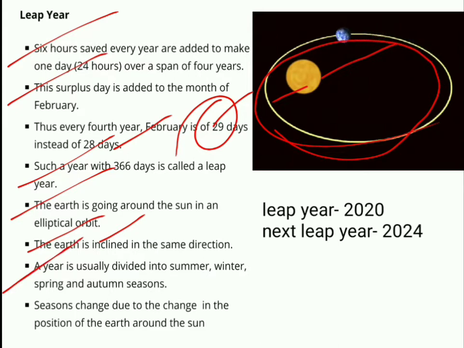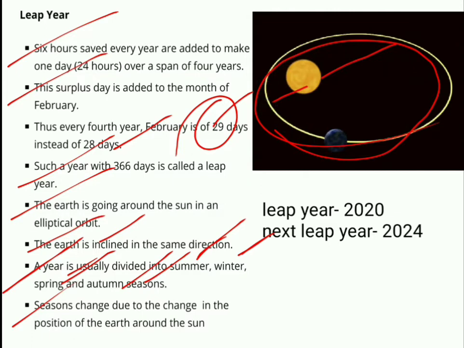A year is usually divided into summer, winter, spring and autumn seasons. So 365 days and 6 hours is the year period. In this year period, the earth changes the seasons. So which are the seasons? Summer, winter, spring and autumn. And seasons change due to the change in the position of the earth around the sun.